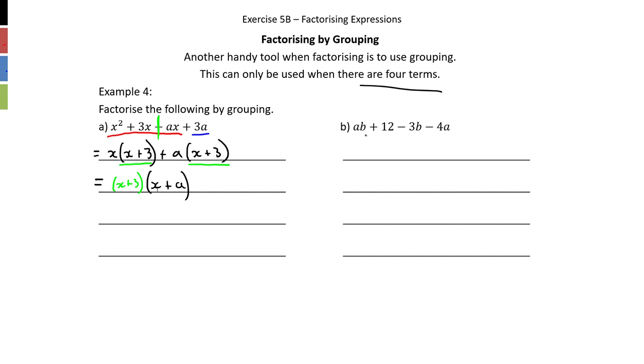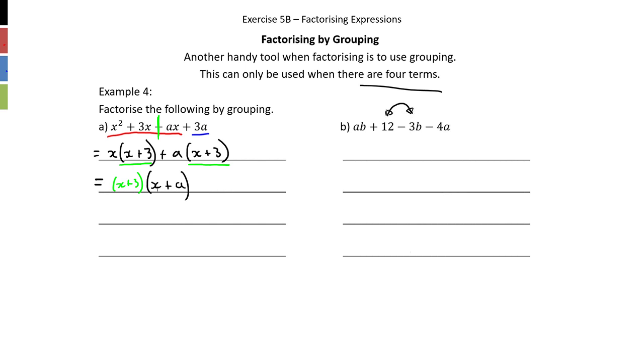Let's apply it to the second one, ab plus 12 minus 3b minus 4a. Ooh, that's not nice. ab plus 12, there's no common factor there. Negative 3b minus 4a, there's no common factor there. We could probably still do this by grouping, and what we're going to do is switch the order of our two middle terms.